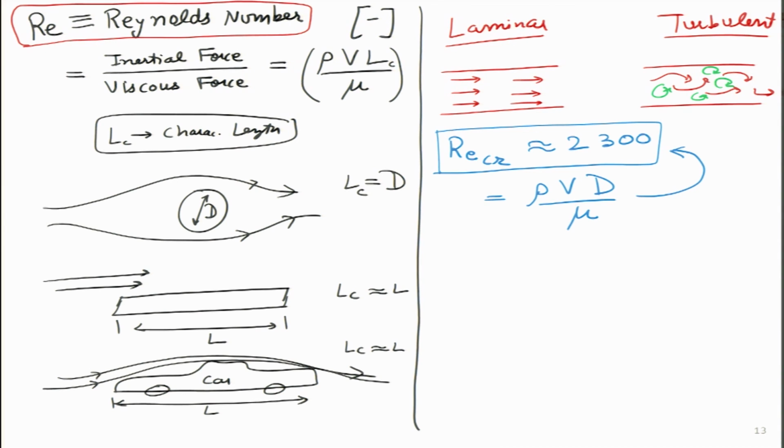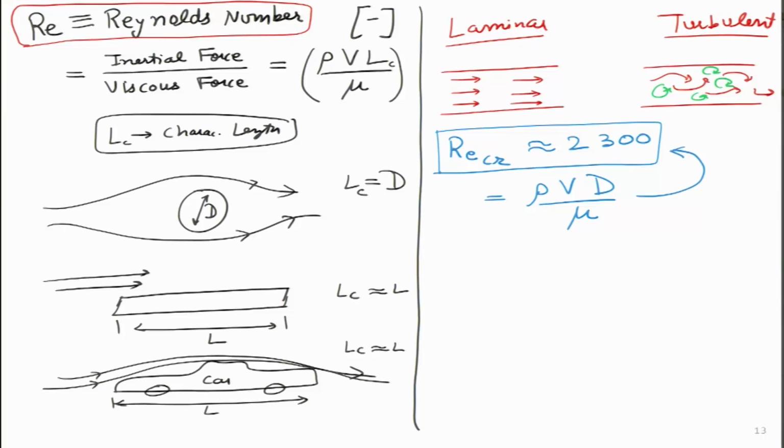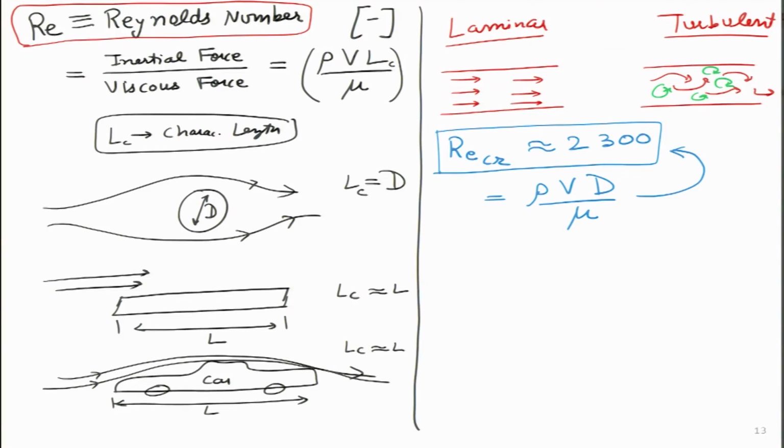Of course, this is for smooth pipes under zero vibration and ideal conditions, but this is a universal number that people have observed in different laboratories around the world. So, I will write over here flow in pipes, in smooth pipes: up to a value of Reynolds number equal to 2300, the flow usually remains laminar.